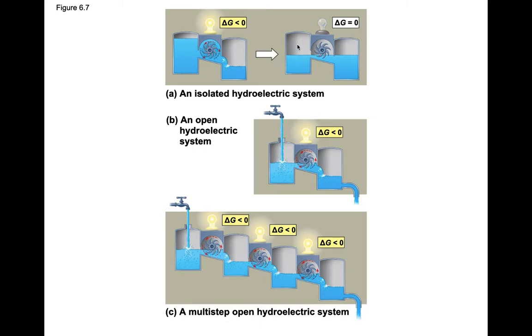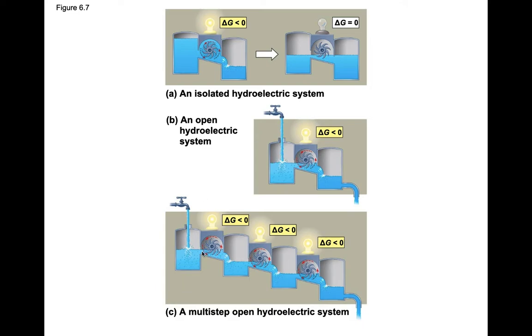So this is why we always need to have energy flowing into an ecosystem. Once we have a delta G of 0 in a cell or an organism or an ecosystem, life stops. An open system means that energy is constantly flowing, which is good because that means that delta G will always be negative. So energy will be obtained, heat will be released, things will be able to obtain energy for life.